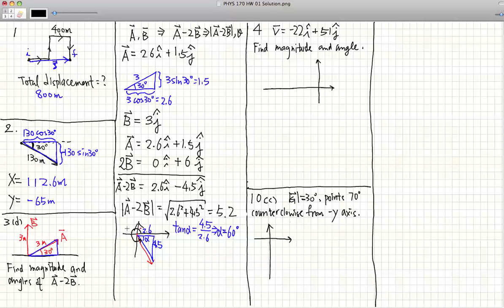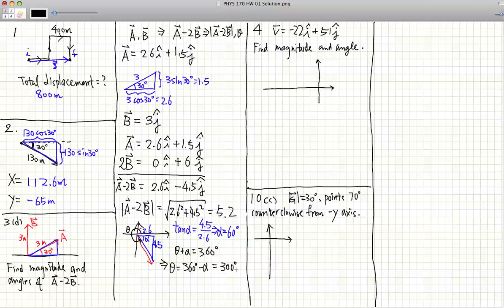So what exactly is theta in this diagram? One thing you can see from the picture is that if I walk theta and then walk alpha, I come back to the same place. Therefore theta plus alpha gives you 360 degrees. So theta is simply 360 minus alpha, which is 60 degrees.